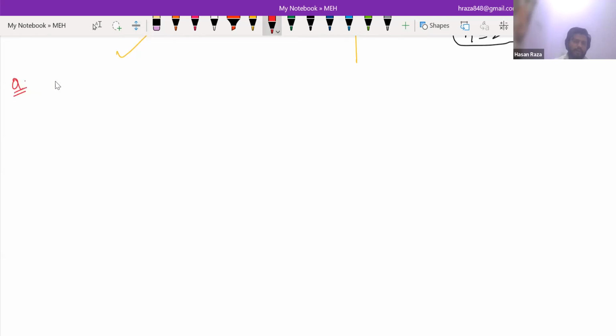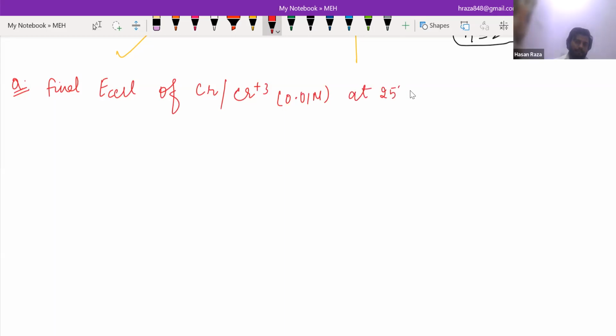Find, question is, E cell. What is this? You need to write a reaction if the reaction is not given in the question.